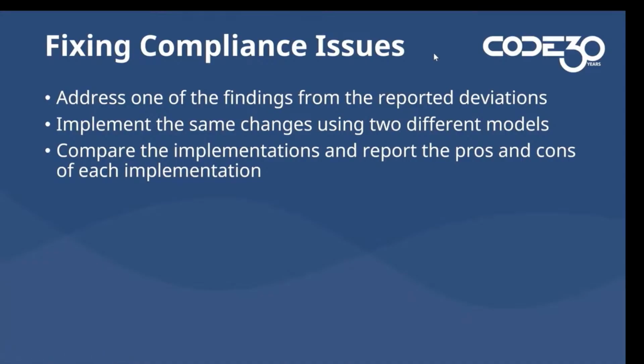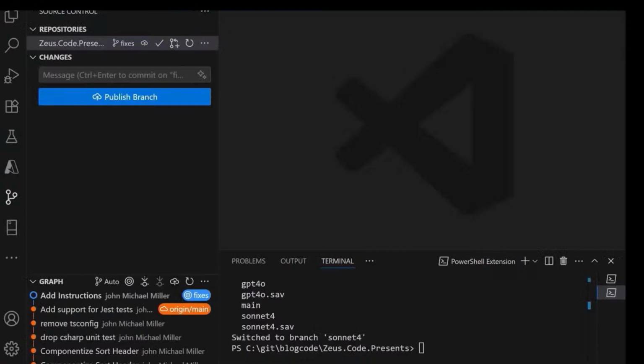So if I was to switch over here, the idea would be to create two branches, and I've pre-canned some of this work so that we can improve the flow of the presentation. I used a prompt similar to this. Where is our Copilot window?